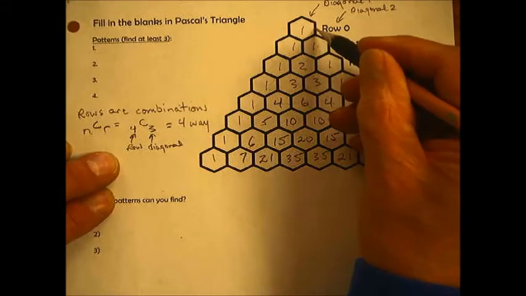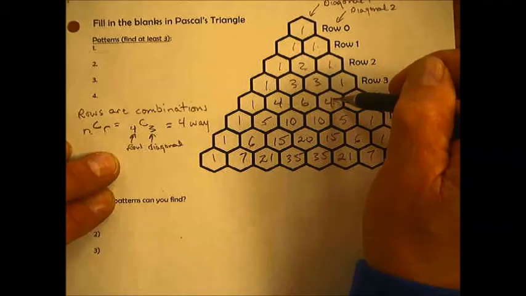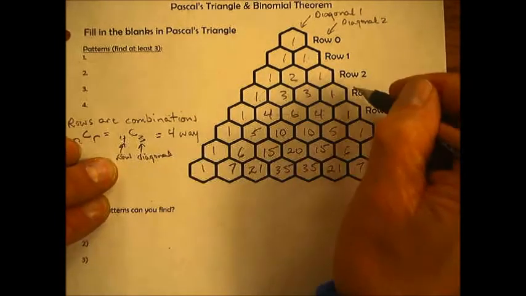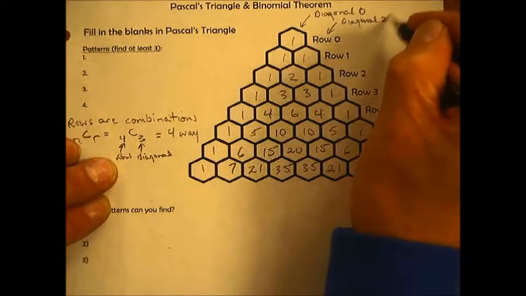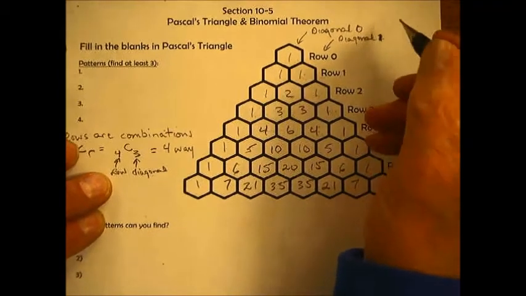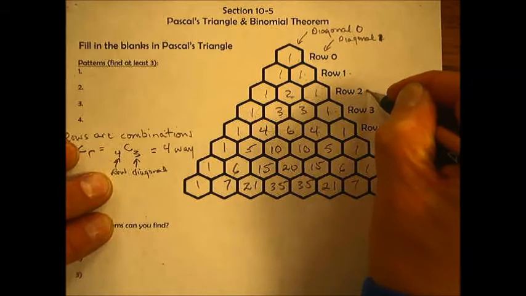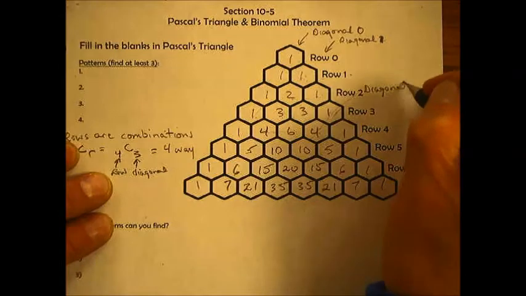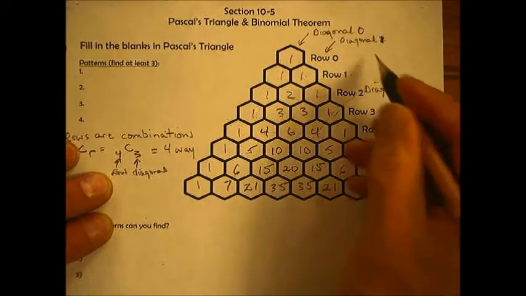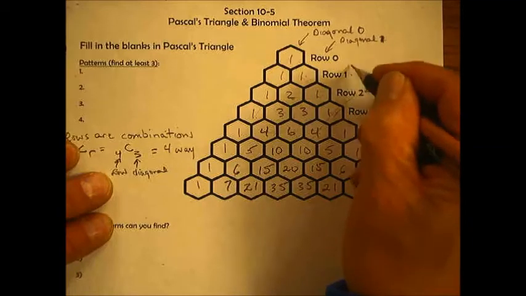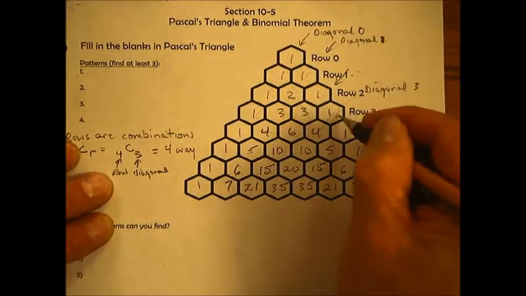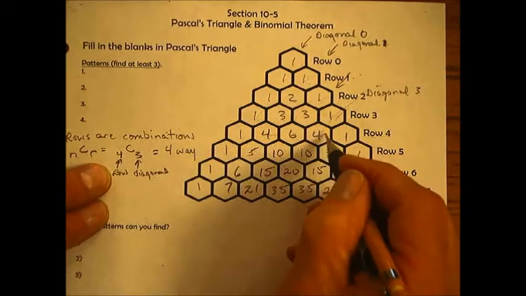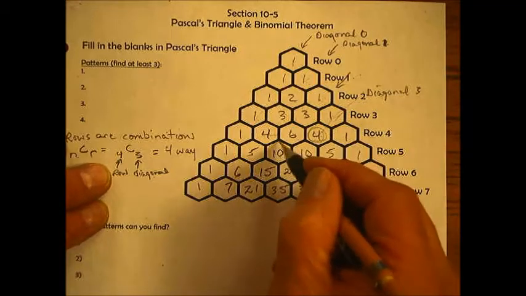Yeah, it looks like I have my diagonals off here. So this should be diagonal 0, and this is diagonal 1 here, and then this is diagonal 2 and diagonal 3 going down this way. Diagonal 0, 1, 2, and 3 here. Then I go to my 3rd diagonal in my 4th row, and it tells me how many I can get if I have 4 to choose from.